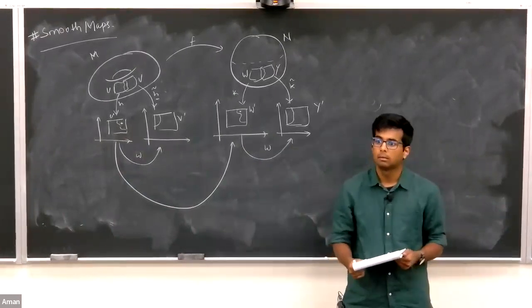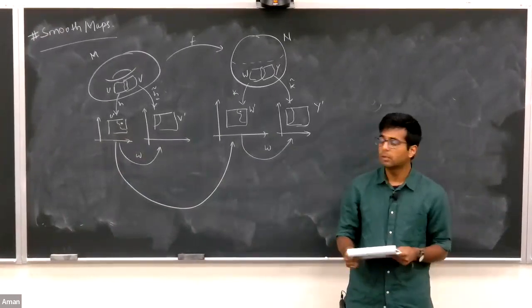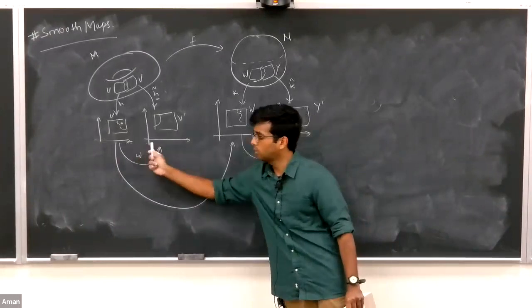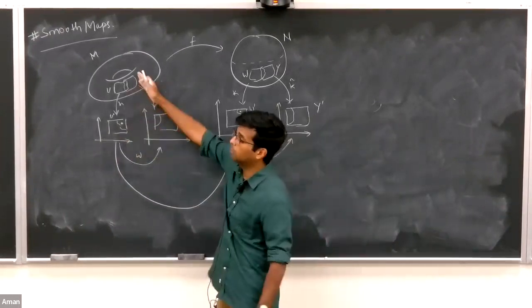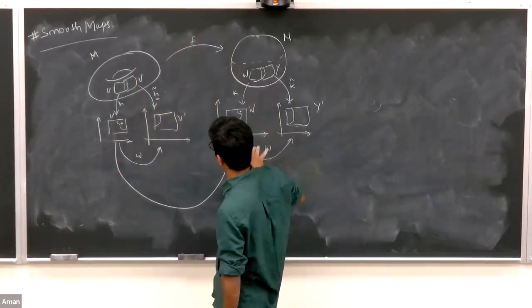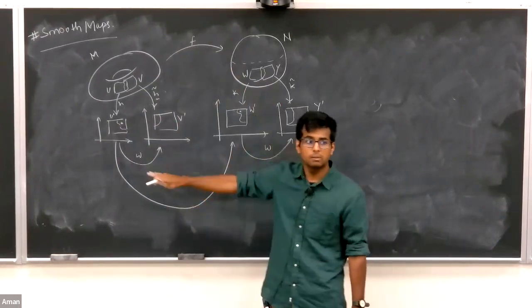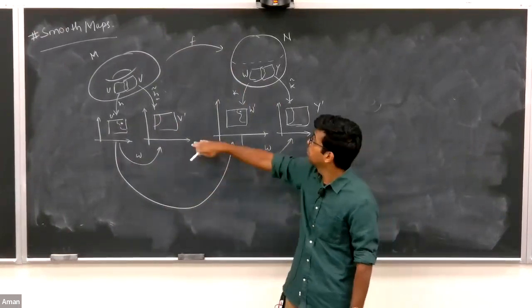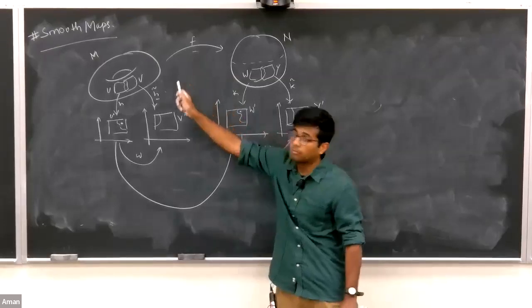Yeah, any guesses? It's very similar to how we were transitioning from here to here using these K maps. You go back to the manifold and then use the function and project it back to the manifold.